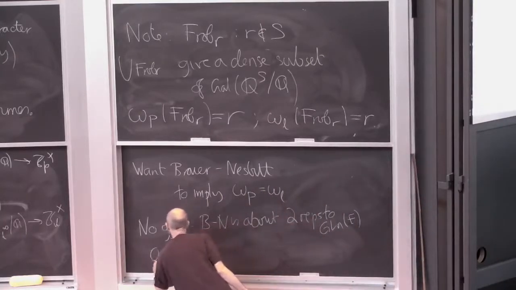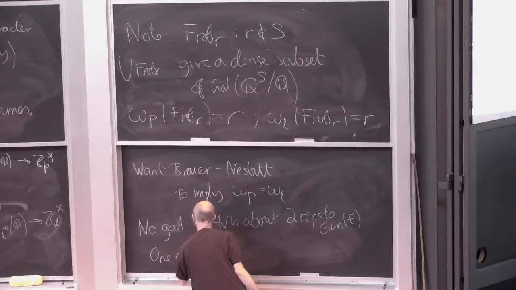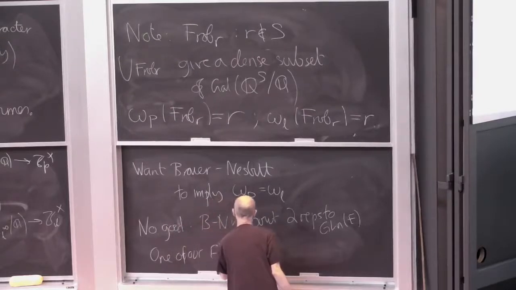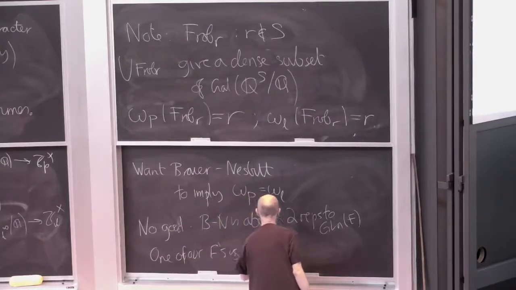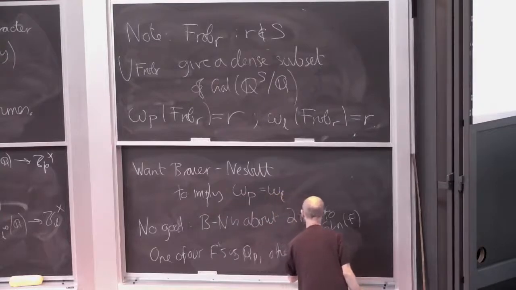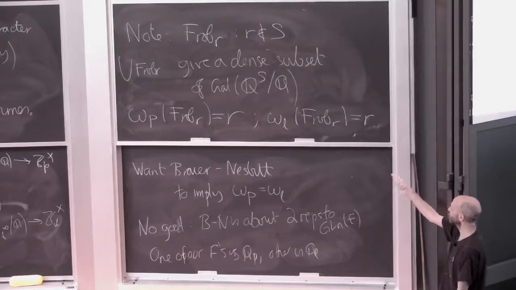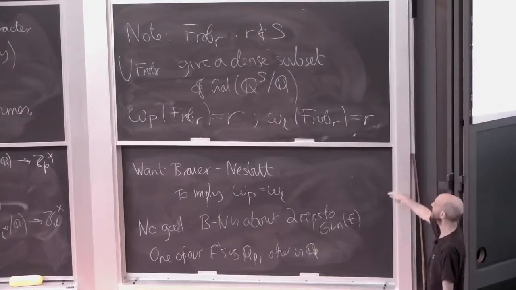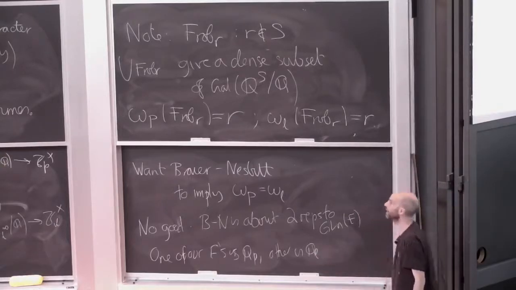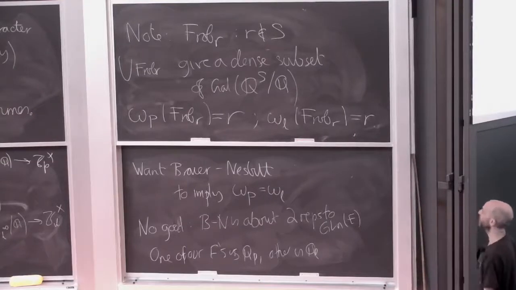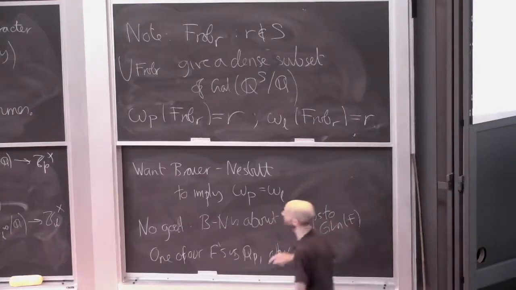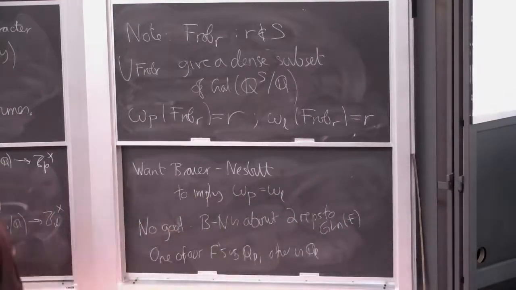One of our E's is Q_p, and the other is Q_L. So Brauer-Nesbitt doesn't apply. So even though we've got two representations with the same trace, they're to different fields, and they're continuous with respect to different topologies. So you can't use Brauer-Nesbitt, and that's not surprising, because omega p and omega L are completely different.